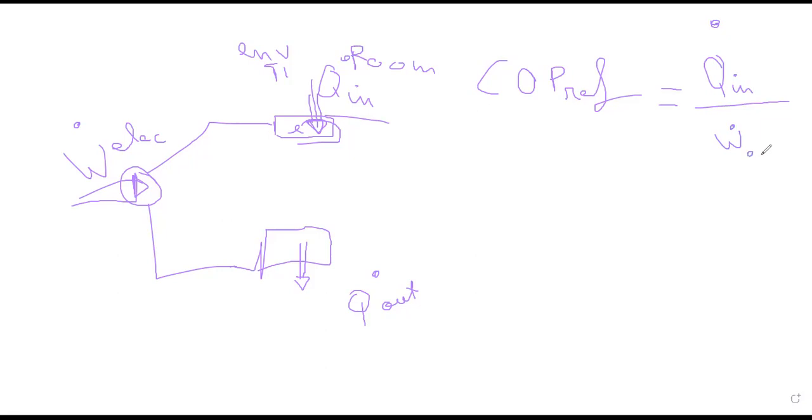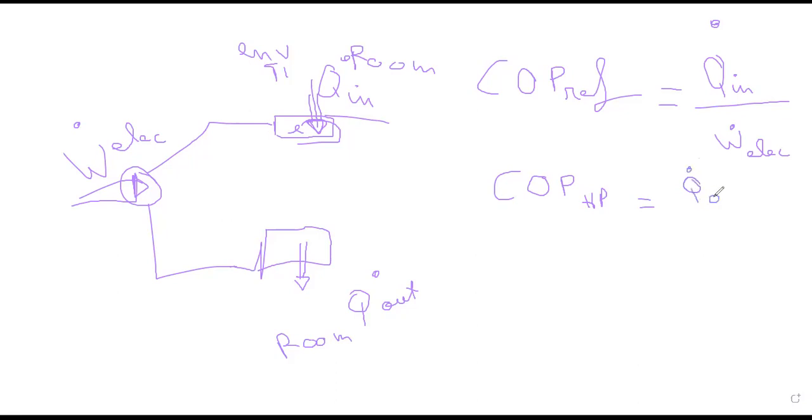While when I want to benefit from heat, when I want to pump heat, I say that COP heat pump, so I want to put my room from the side of Q dot out to benefit from this heat rejection. So it's Q dot out over W dot electric.